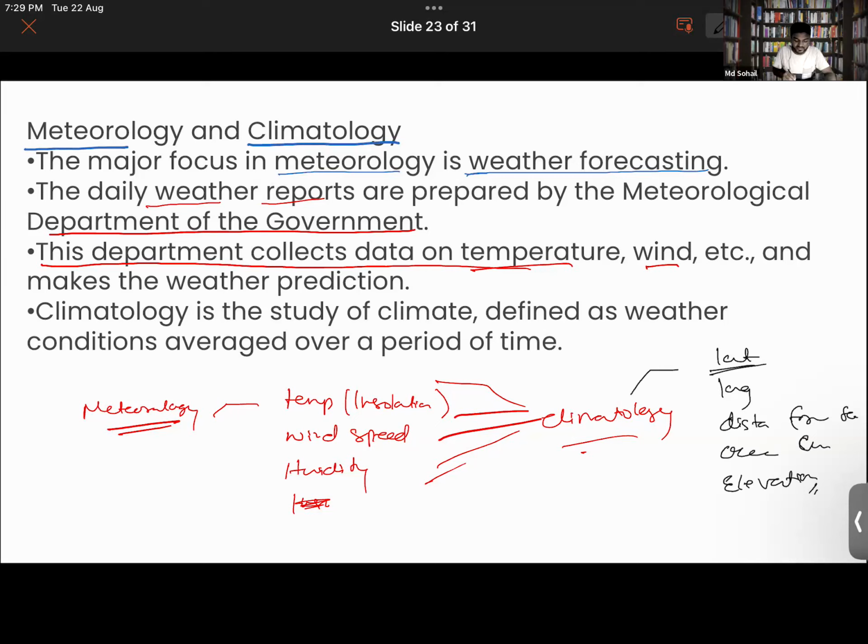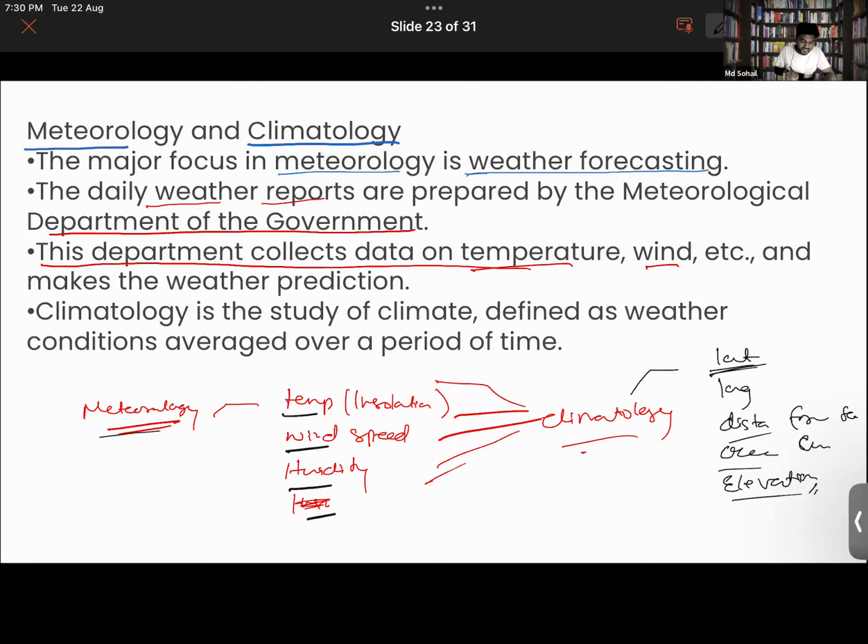They will study temperature, wind speed, humidity, but in context to latitudes, distance from the ocean, ocean currents and elevation, like how if the elevation is changing, how the wind speed and temperature are changing.